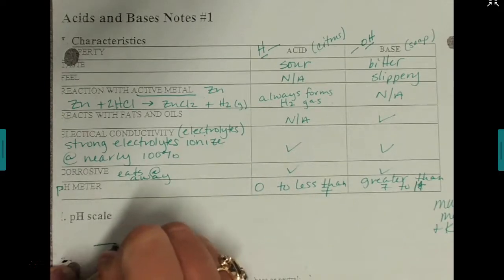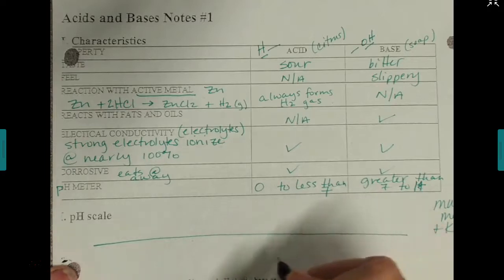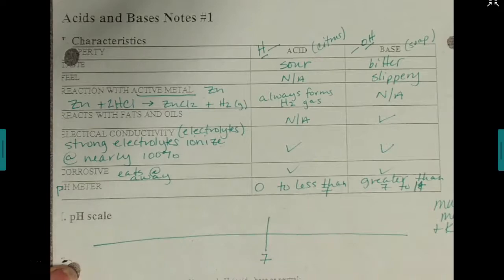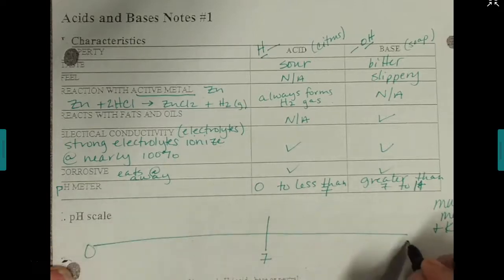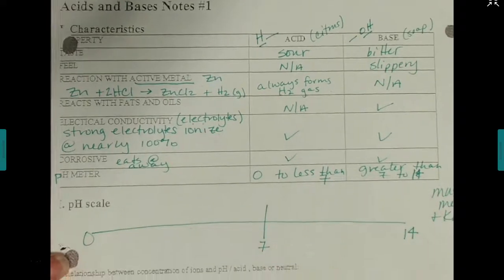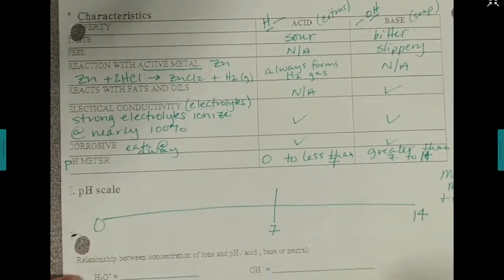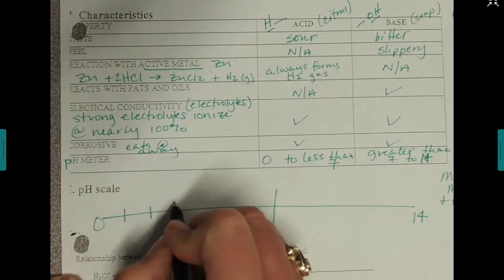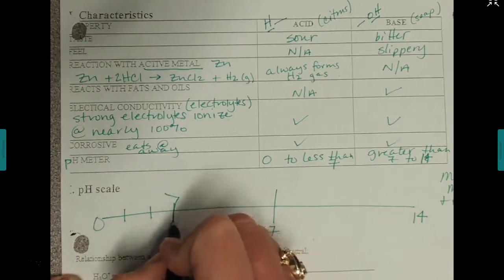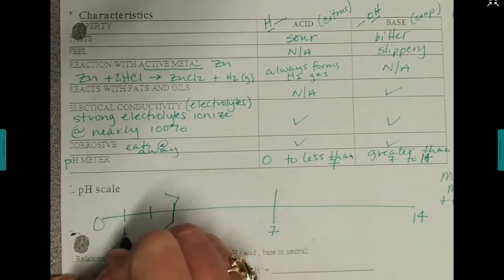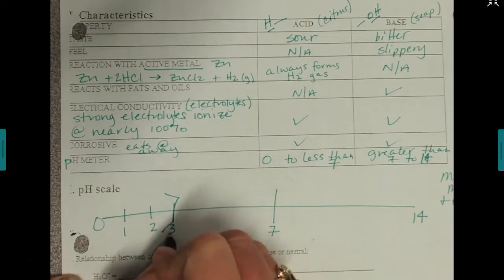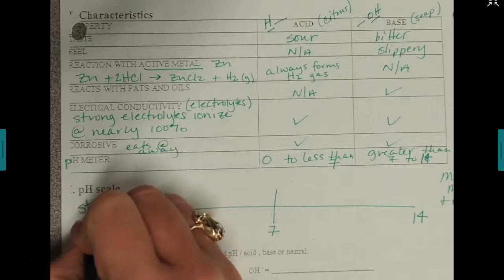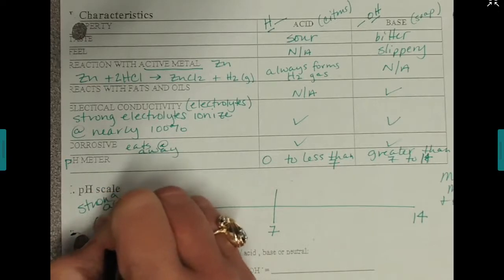Okay, so we're going to draw a line. We're going to cut that line in the middle, and we're going to call that 7. Here we're going to write 0. Here we're going to write 14. Okay? 0, 1, 2, and 3. So 1, 2, and 3 are going to be our strong acids.